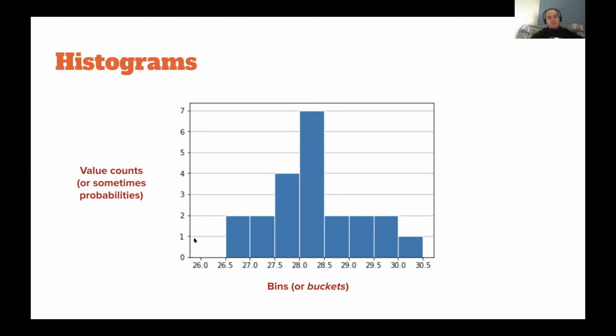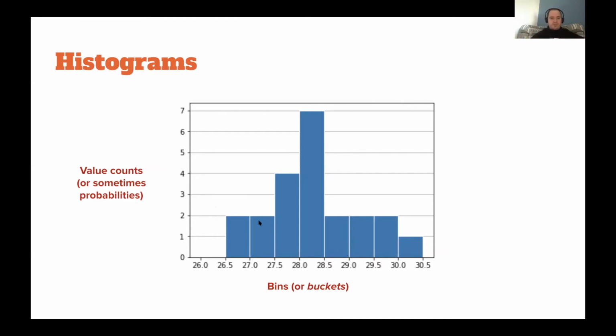And what you see in the y-axis here, let's say the heights of the bars, are the value counts. Sometimes they're probabilities also. You can see probabilities here, like 10%, 20%, 30%, and so on. Basically, they're the same. It's just that a probability is showing you a relative value, relative to the total, right?